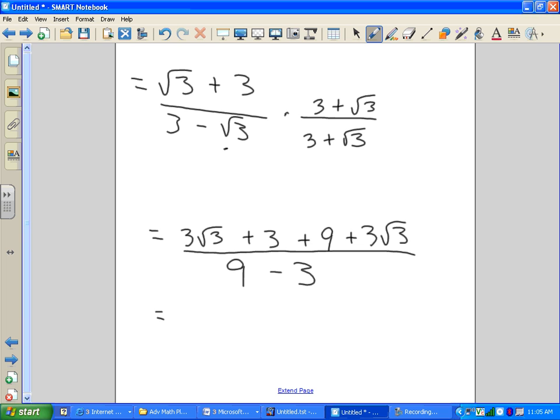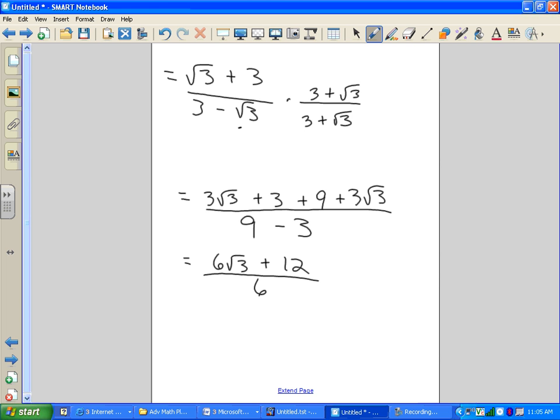On the numerator there, 3 square root of 3 and 3 square root of 3 would be 6 square root of 3. And then 3 and 9 would be 12. All right, in the denominator, 9 minus 3 would be 6. And now we can cancel out by 6. So that would be square root of 3 plus 2. And that's it.